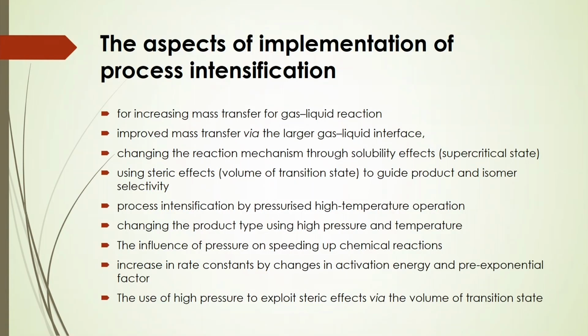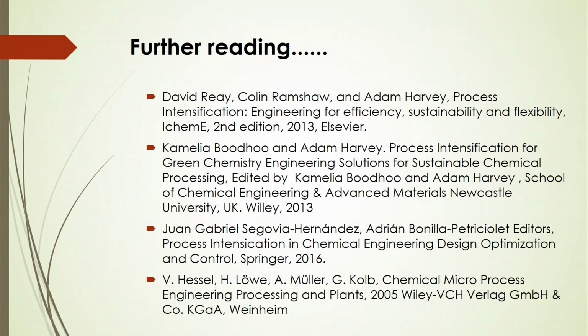Also there will be a certain influence of the pressure on speeding up chemical reactions, in that case increase in rate constants by changing the activation energy and also the pre-exponential factor based on the temperature effect, and the use of high pressure to exploit steric effects by the volume of the transition state. So, these are the several aspects of the implementation of process intensification in microreactor technology.